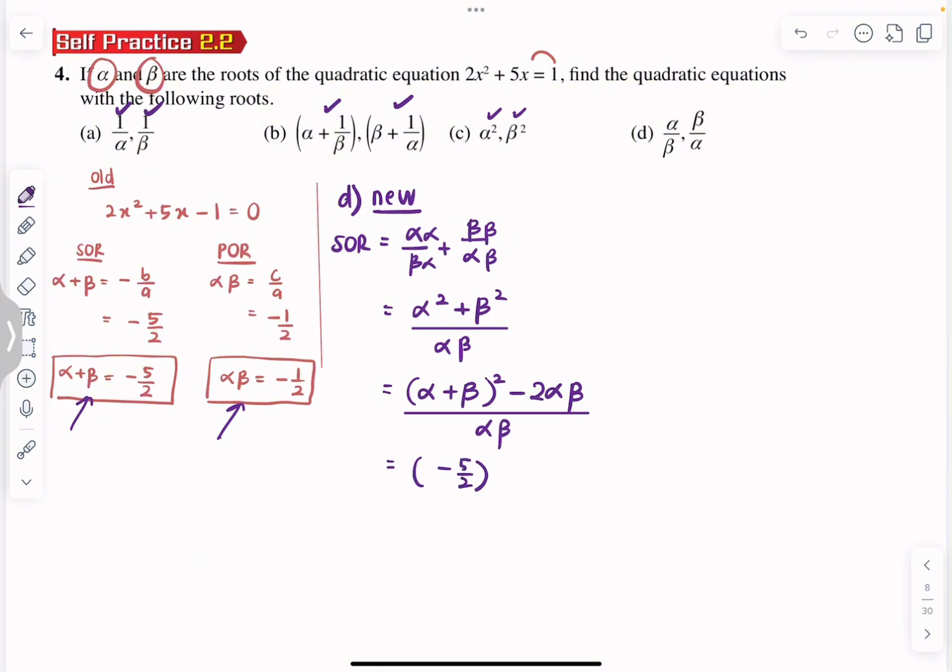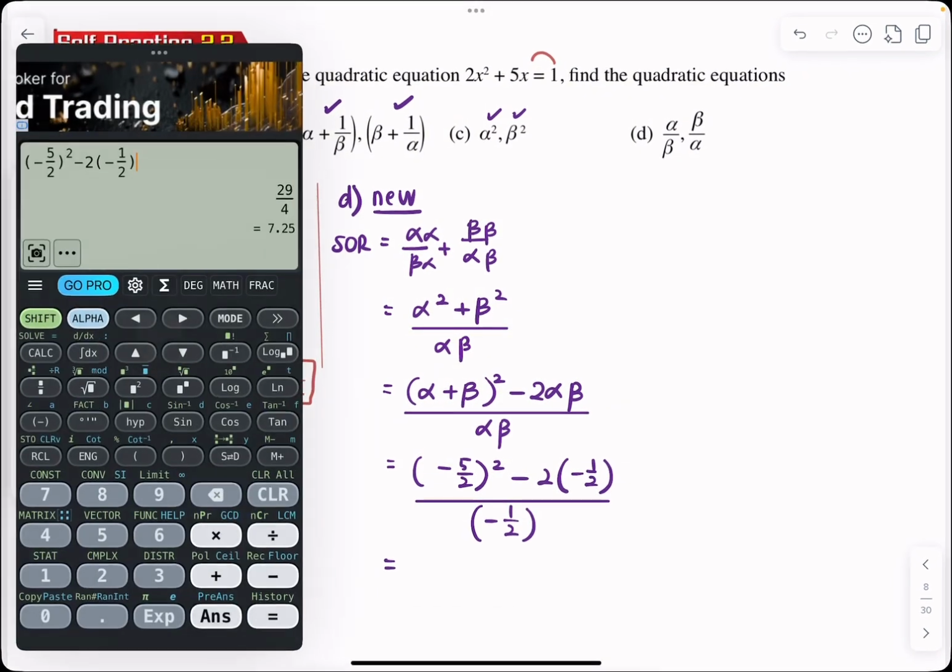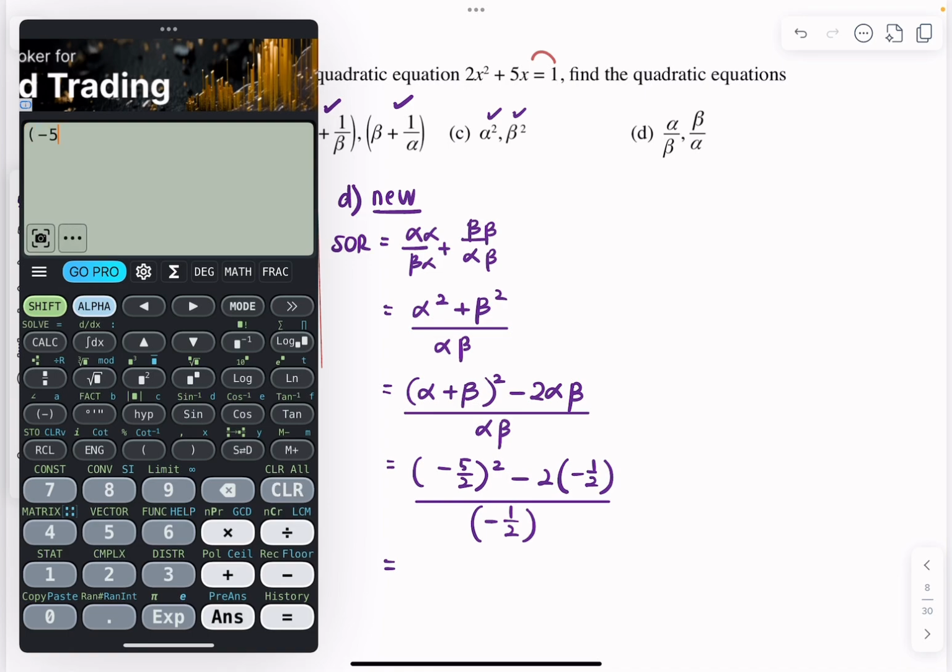Then we sub it inside. Negative 5 over 2 square, minus 2 times negative 1 over 2, over negative 1 over 2. Whole thing divided by negative 1 over 2.